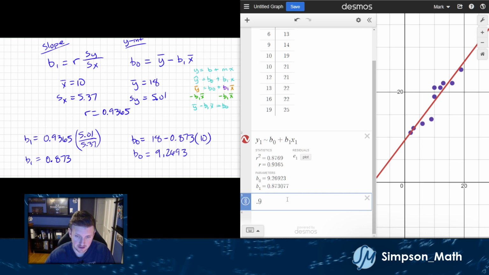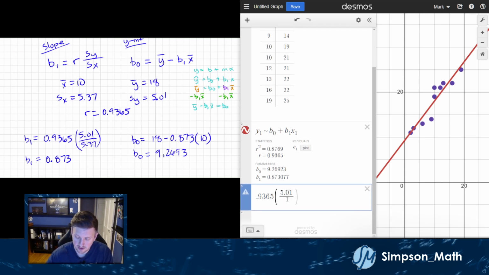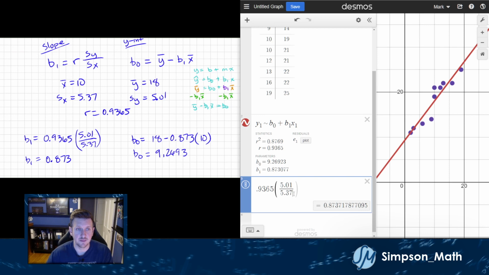So 0.9365 times 5.01 over 5.37. That's as accurate as we got on the other page. So notice out to at least 2 to 3 decimal places, we have the same amount of accuracy using the same digits that we have available to us. We have 3 digits of accuracy. This one's 4, but at most we have 3. If I find more accurate values, I of course would use those, and I would get a more accurate slope.